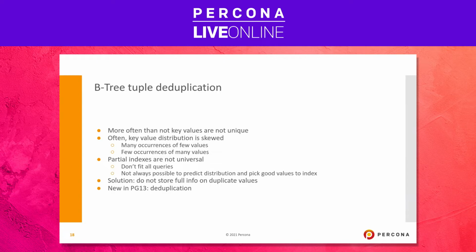They don't fit every query, and it's not always possible to predict which columns you should pick, which values you should select. So the solution is we may actually not store full information on the duplicate values in a regular B-tree index. And this is a feature in PostgreSQL 13 called deduplication.